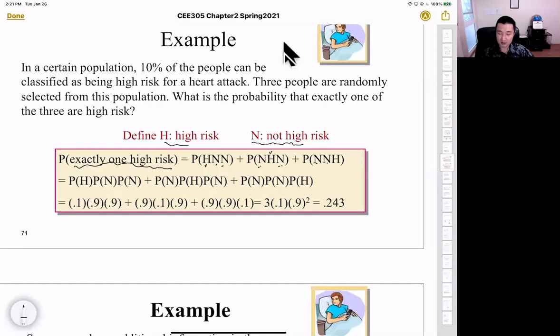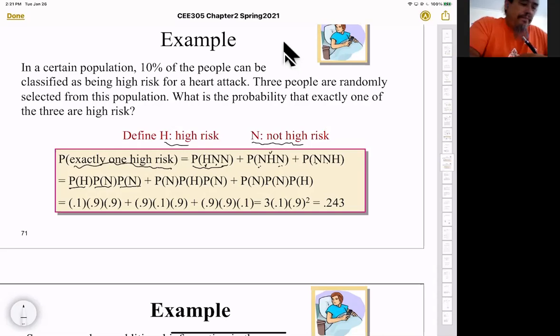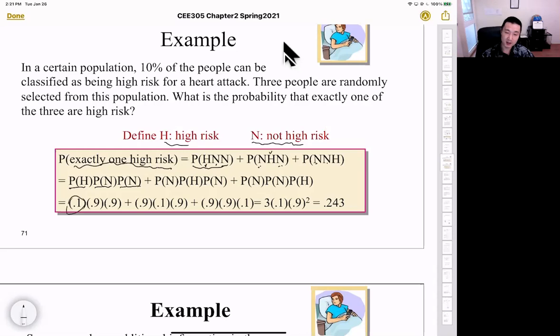Because these three picks are independent, P(H and N and N) is equal to P(H) times P(N) times P(N). The probability of high risk is 10%, 0.1, because 10% of the people can be high risk.